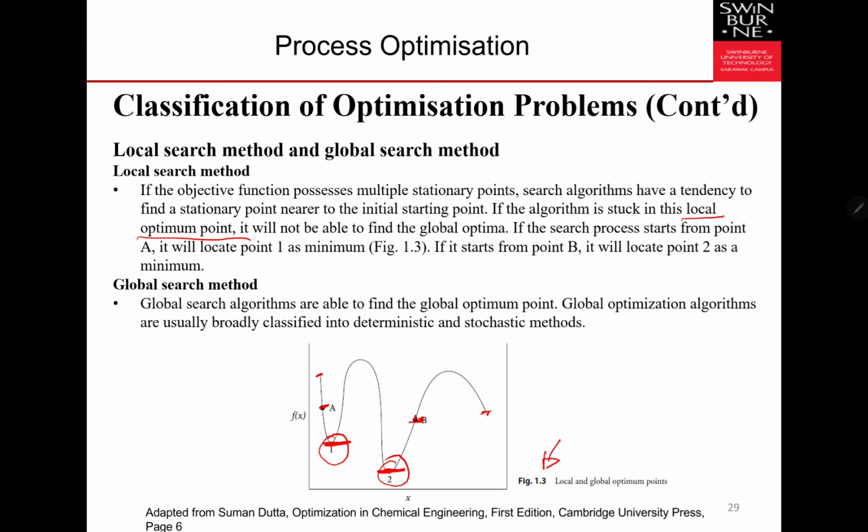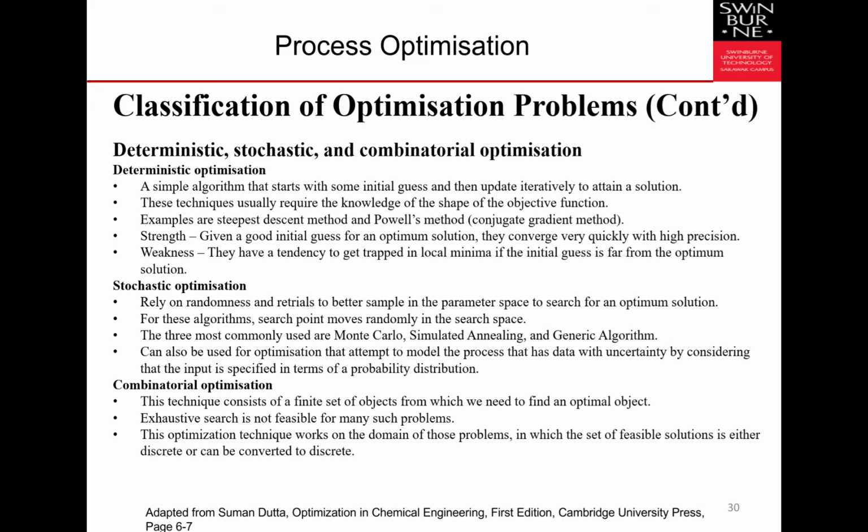A global search method uses a particular algorithm to find the global optimum point. Global optimization can be classified into deterministic and stochastic methods, and therefore we can define this optimization as deterministic, stochastic, and combinatorial.